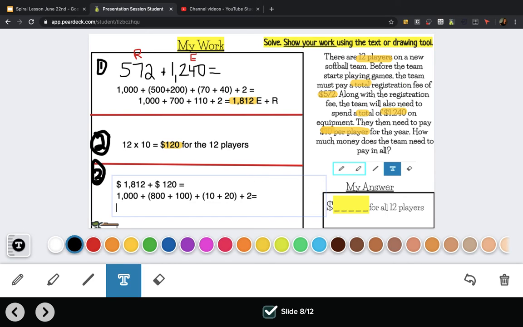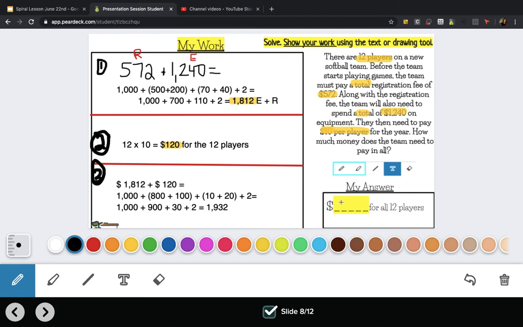And that gets me 1,000 plus 900 plus 30 plus 2 for a total of $1,932. And over here, I'm going to put that in, $1,932.